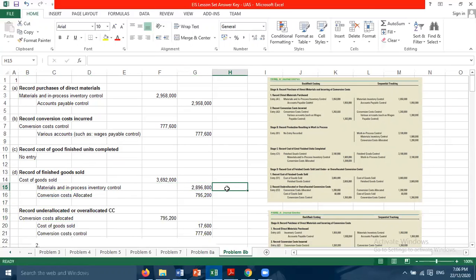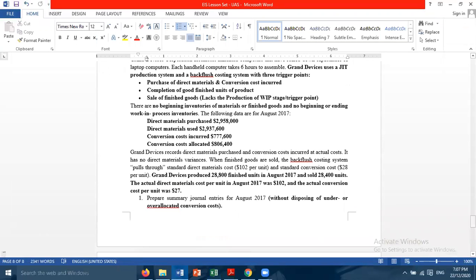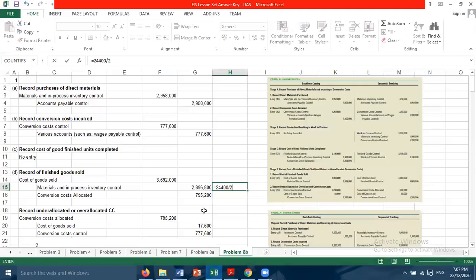Where do we get this from? Well, simply 28,400 divided by 28,800, or the amount sold divided by the amount produced, multiplied by the direct materials we purchased.